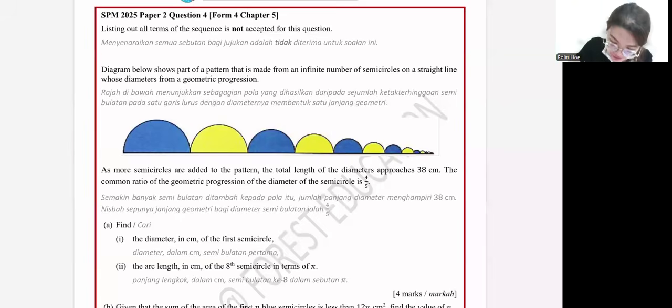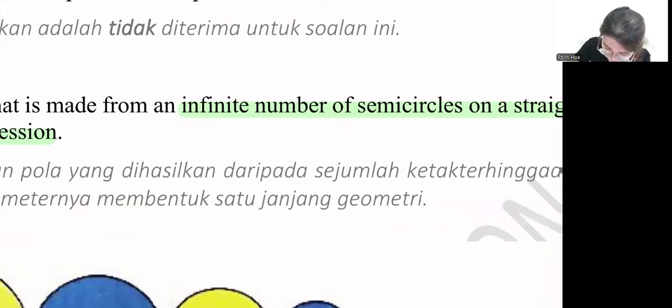Can you please highlight the words infinite number of semicircles on a straight line? You highlight the word progression. Here, you don't need to do anything. You need to know that it is related to sum to infinity, a over 1 minus r.